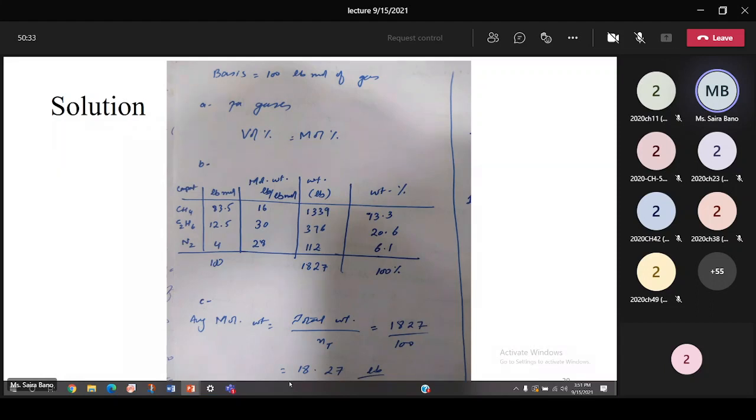So you can take any basis. You can take even 50 pound moles of gas or whatever basis you want to take, but 100 is easy to understand and easy to remember, easy to deal with. So 100 or 1 pound mole, 1 gram mole, whatever basis you want to take, just take it, and your strategy should be correct, your method should be correct, or then your answer will also be according to my answer.